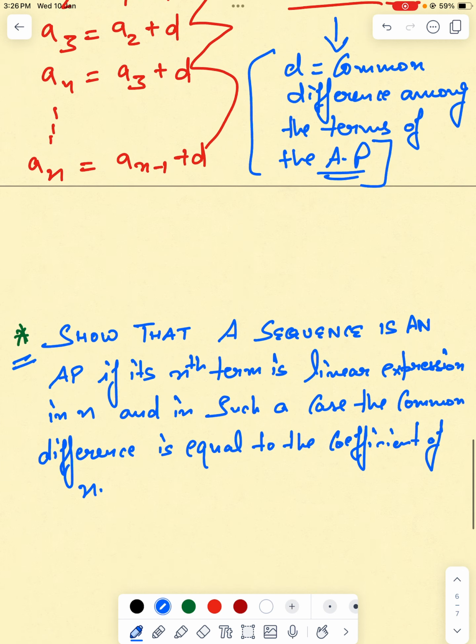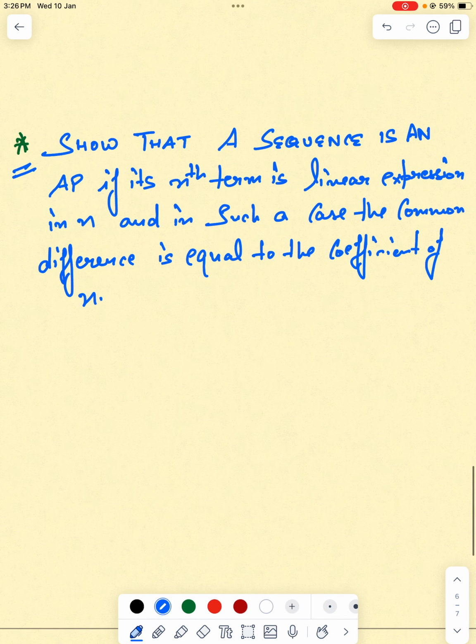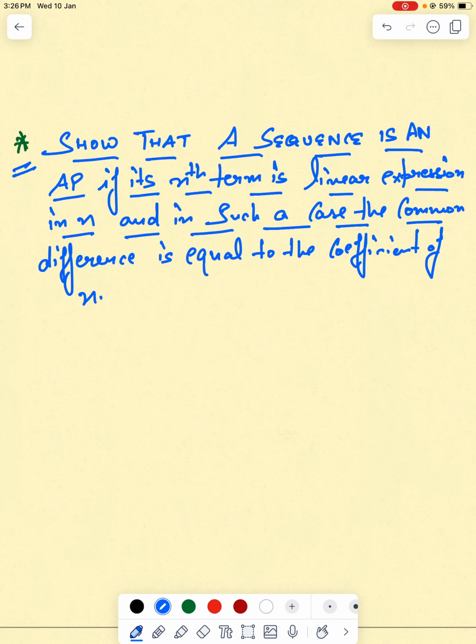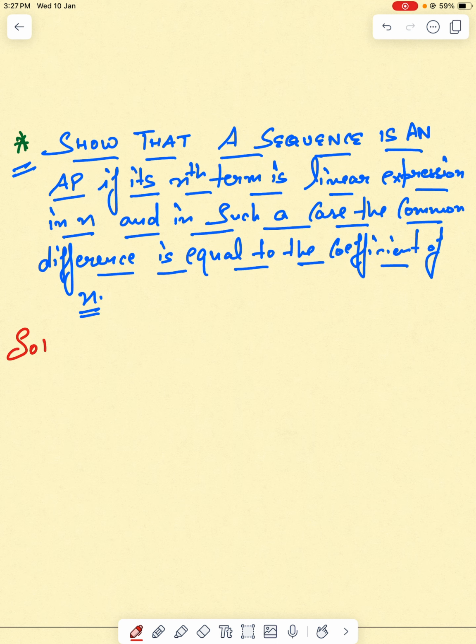So now the next part, that is, show that a sequence is an AP if its nth term is a linear expression in n, and in such a case the common difference is equal to the coefficient of n. Okay, it's saying that any sequence which is in a linear expression.